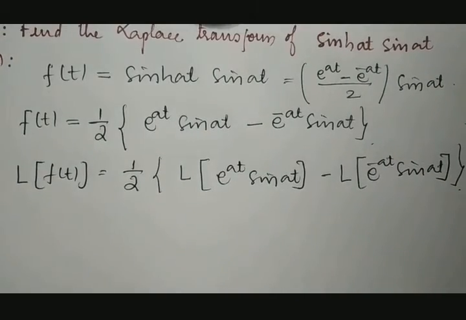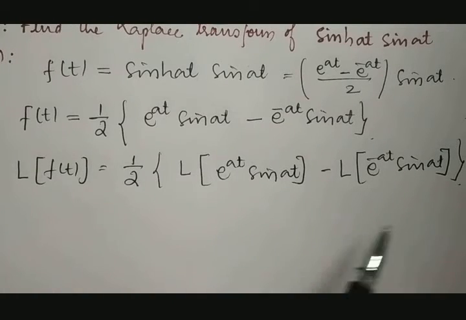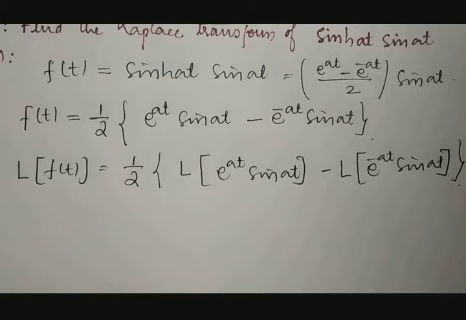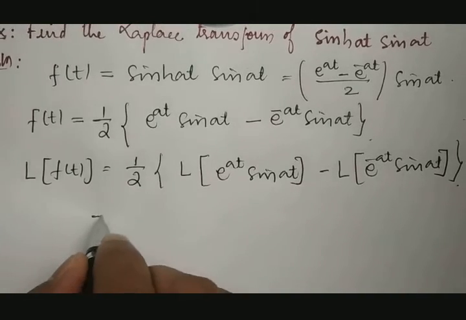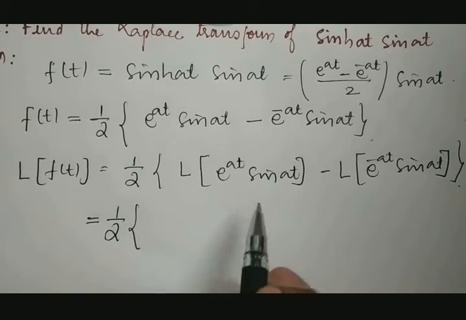Now there are two ways. One, you consider both the terms independently, solve the first term, then the second term, then subtract. Or else I'll give you a trick where it can be implemented directly. How can it be implemented directly? See, this is equal to 1 by 2, a common term, keep it outside.